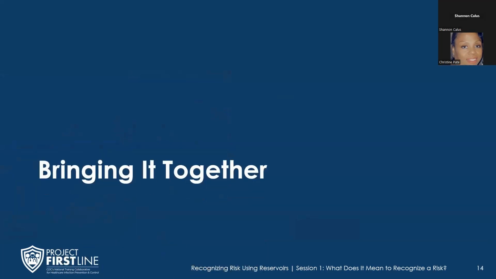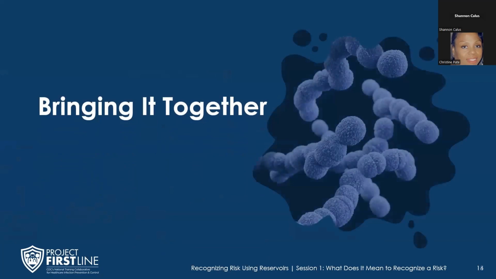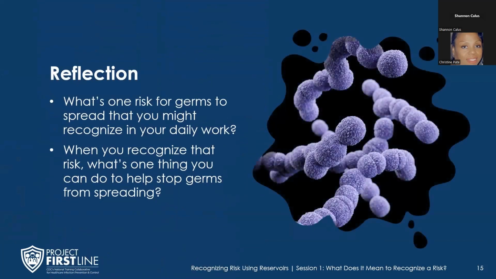So let's bring it all together. You did a great job today recognizing risk. Now, as you reflect on the infection risk that we've talked about or identified, think about your next workday. Can you recognize one risk for germs to spread that's part of your daily work?